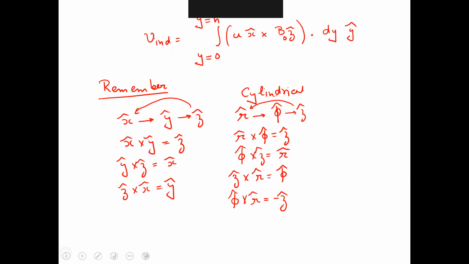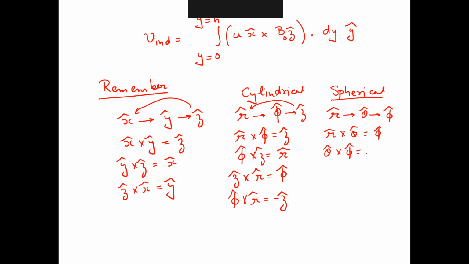And in spherical coordinates, we have vector r, vector theta, vector phi, where r cross theta would be phi, theta cross phi would be r, and so forth.